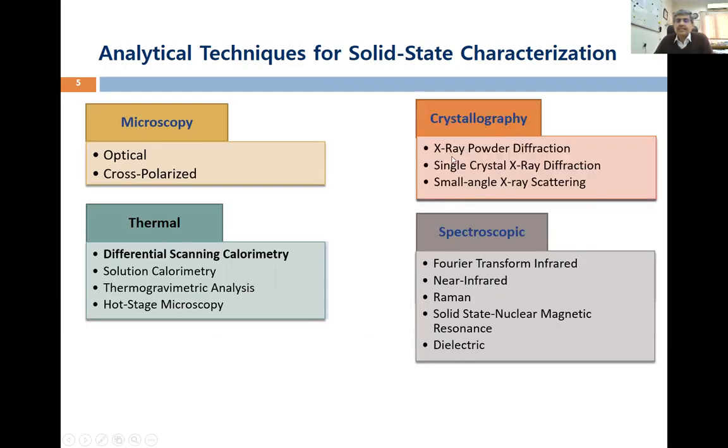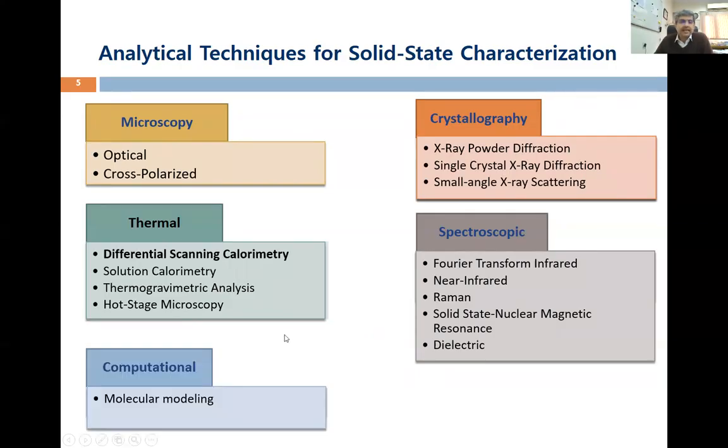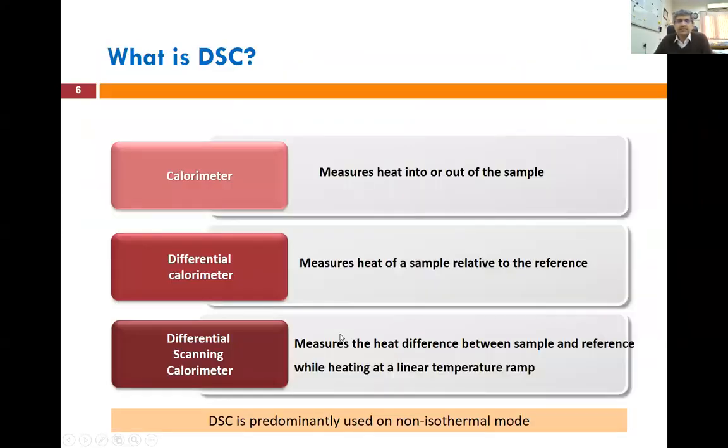Crystallographic techniques like XRPD, single crystal XRD, small angle X-ray scattering, and then these days the computational techniques are also increasingly being used for the solid state characterization. The emphasis of today's talk is going to be on differential scanning calorimetry, which is a type of thermal technique for solid state characterization.